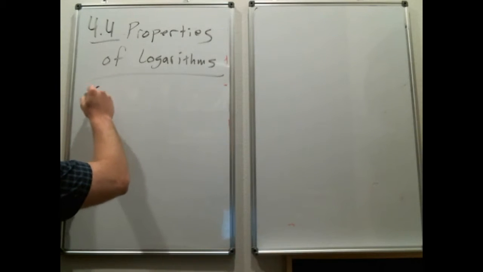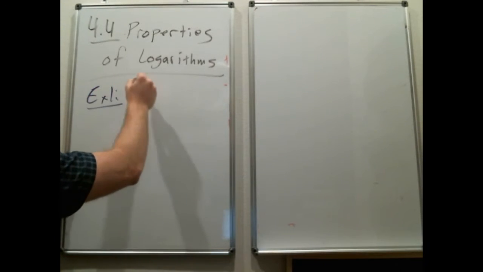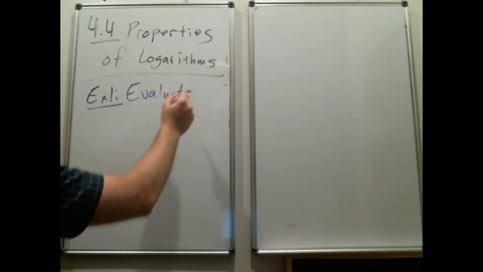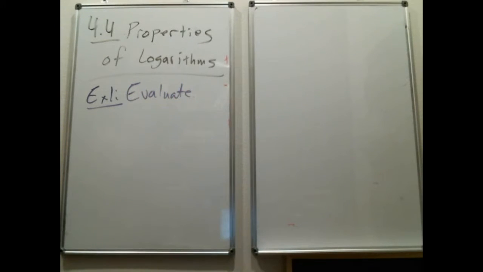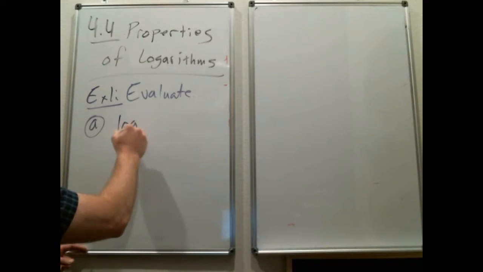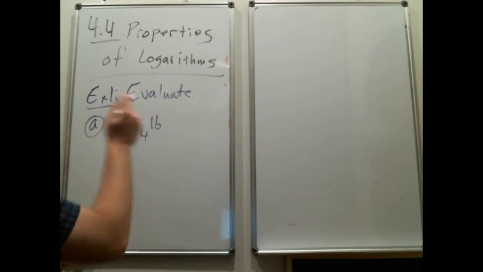So let's call this example 1, evaluate. And let's call this part A. We're just going to look at one problem real briefly. Let's say we have log base 4 of 16.